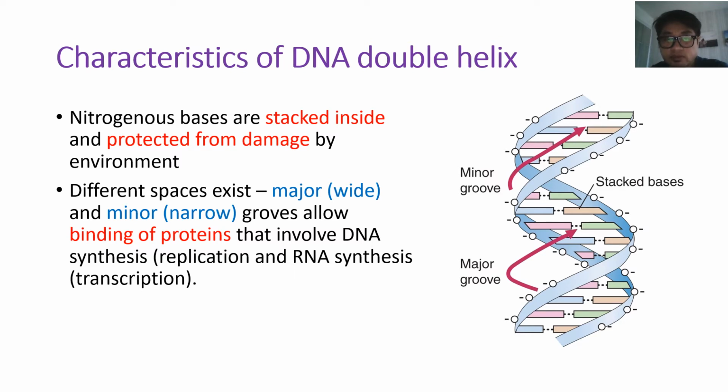That's the important thing, why the nitrogenous bases must be inside. The other one is that different spaces exist. As you can see here, there's a minor groove and a major groove. These grooves allow the binding of proteins involved in DNA synthesis, meaning during replication, or in RNA synthesis during transcription.